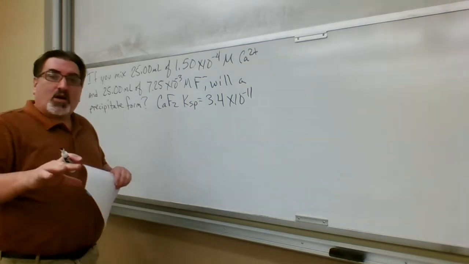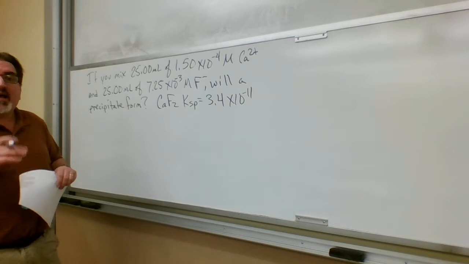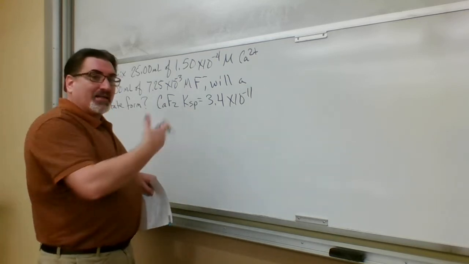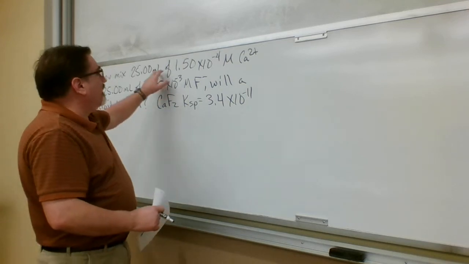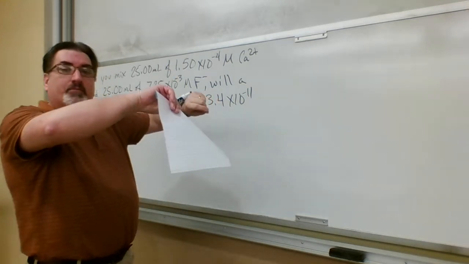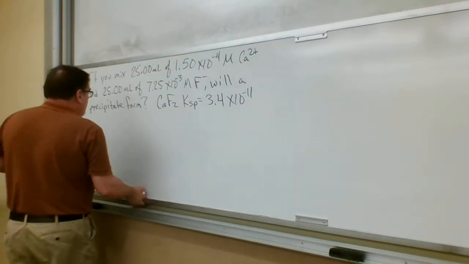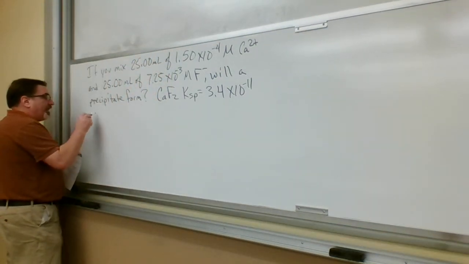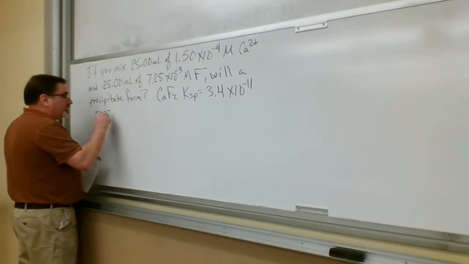Now this one is not quite as straightforward as the last one in the last video, because in that example we had the concentrations known. Here we don't technically know the concentrations yet. We have two different solutions that we're dumping together. We need to calculate the concentrations after they're mixed. So we need to calculate the concentration of Ca2+ in this solution.